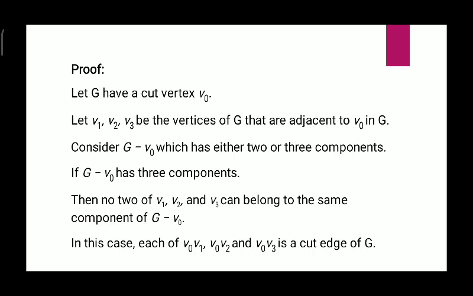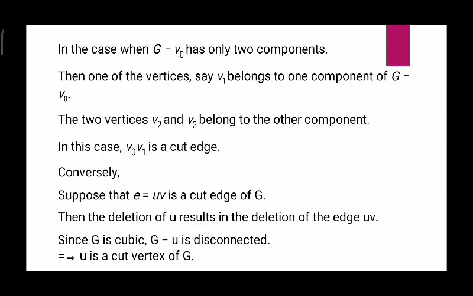Definitely if I remove vertex V0, then the resultant graph will be disconnected. It has two or three components. If G minus V0 has three components, then no two of V1, V2 and V3 can belong to the same component of G minus V0. In this case, each of V0V1, V0V2, V0V3 will be a cut edge of G.